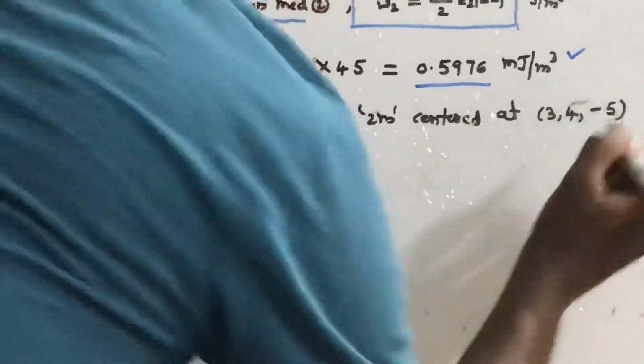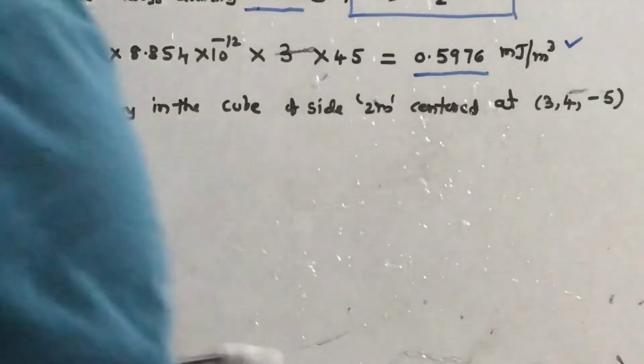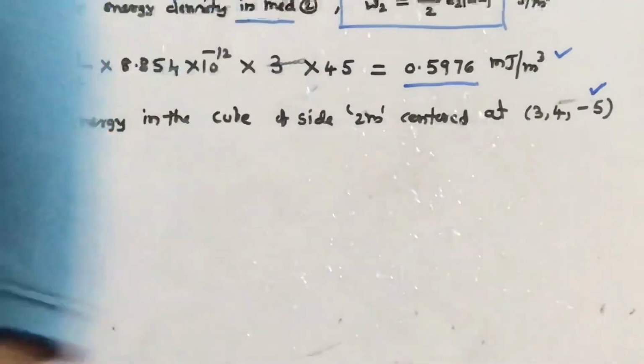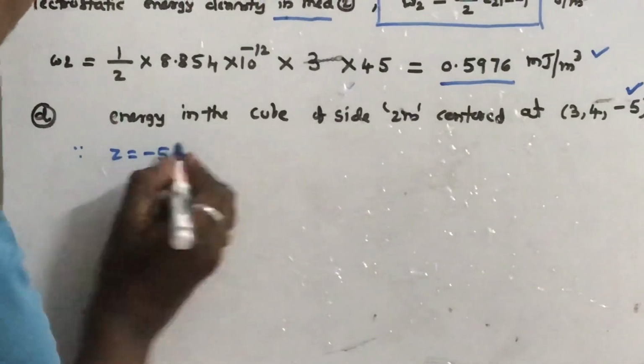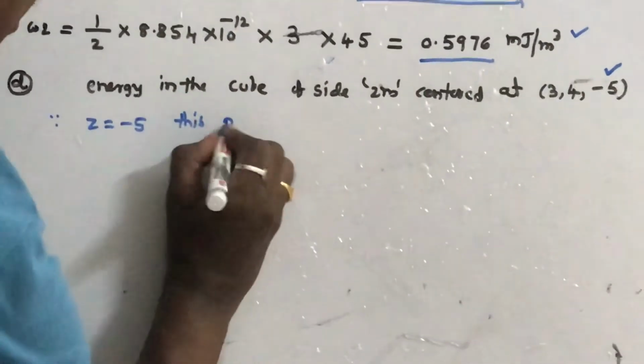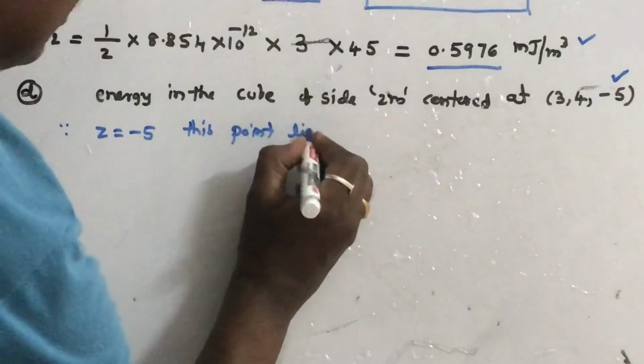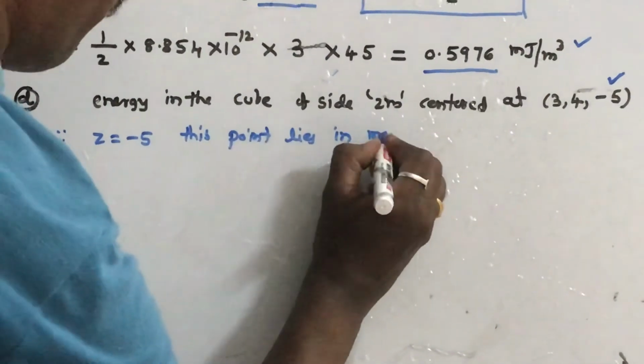Carefully observe where this point lies. Since z is equal to minus 5, this point lies in medium 2.